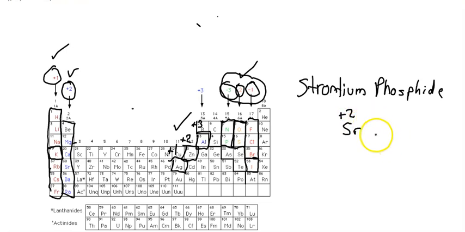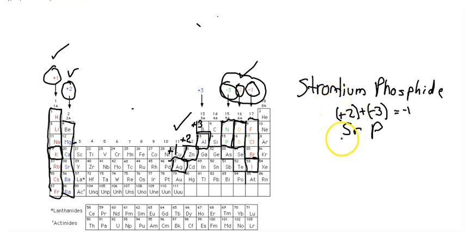And phosphide, that comes from phosphorus, which is a negative 3 charged element in group 5. P is our abbreviation for that. We have a negative 3 charge. Now if we wanted to add these together right now, we would get a negative 1, which is not good. We don't want our compound to have a negative 1.